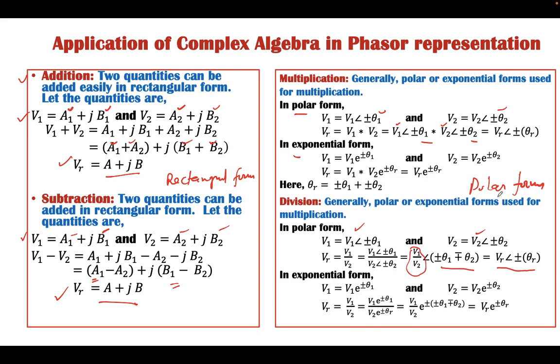But there is no hard and fast rule that we should follow only this. That depends upon the method used as well as the mathematical calculations. It makes calculation easy when it is subtraction and addition, and when it is multiplication and division.